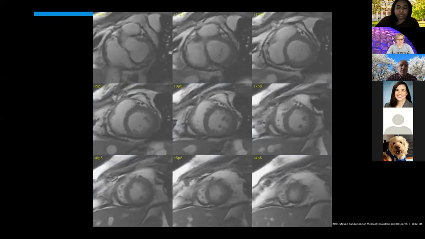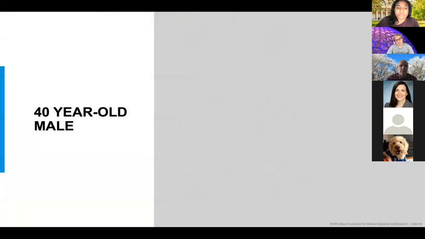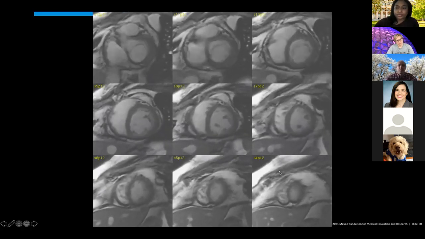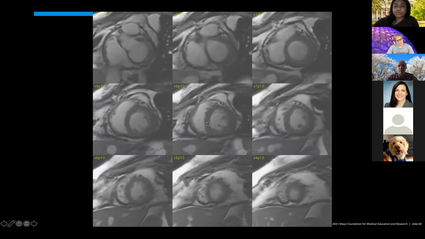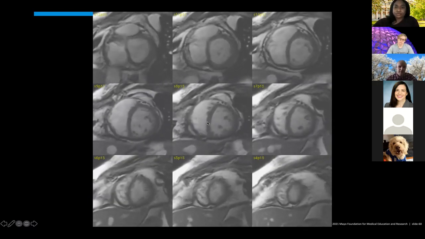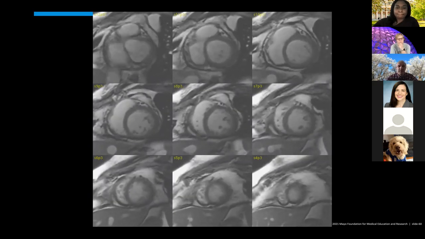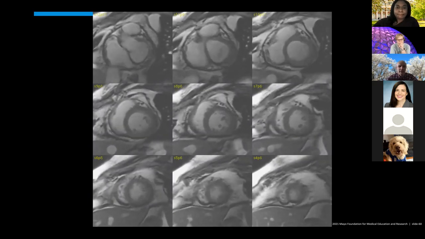So this is a 40-year-old male. These are cine images. And as you look at the interventricular septum, you can see it flicker. And so that's what we call a septal bounce. And there's a few things in the differential diagnosis for a septal bounce.